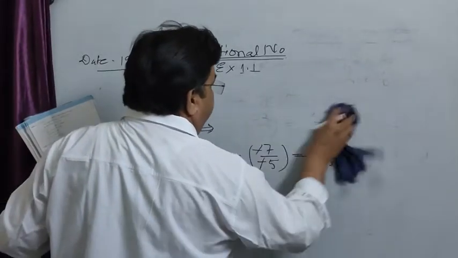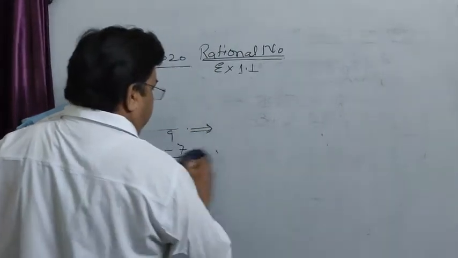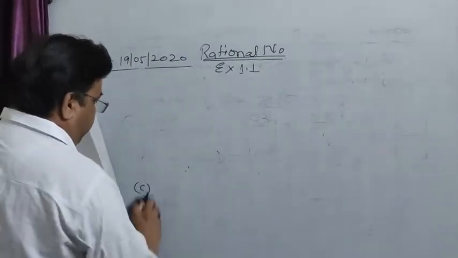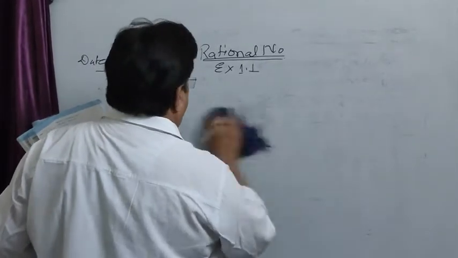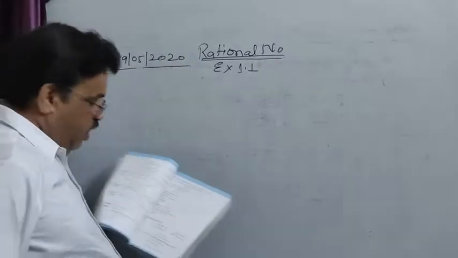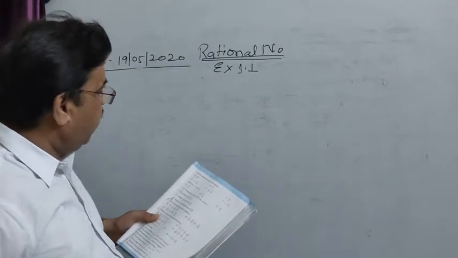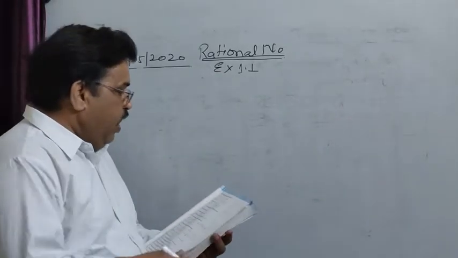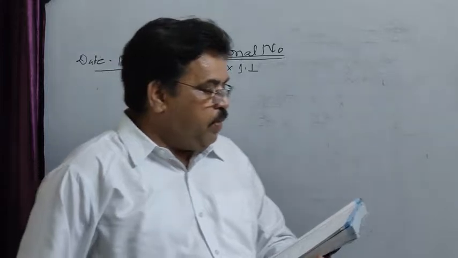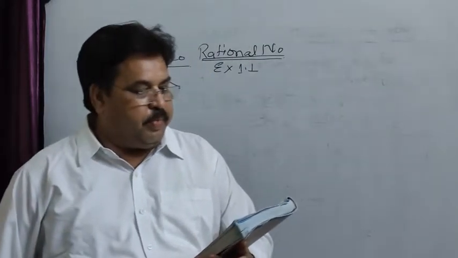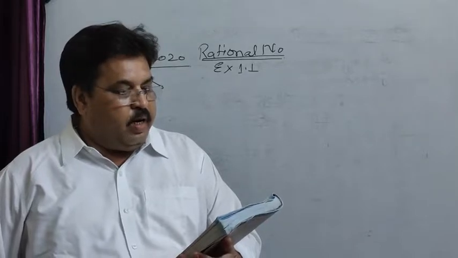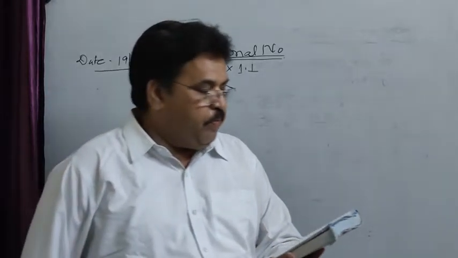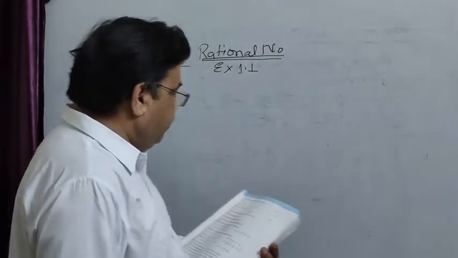So I am removing the writing and cleaning my whiteboard. Now I am solving the second question, and in this question there are 6 parts, A, B, C, D, E, F. I am solving some of them.